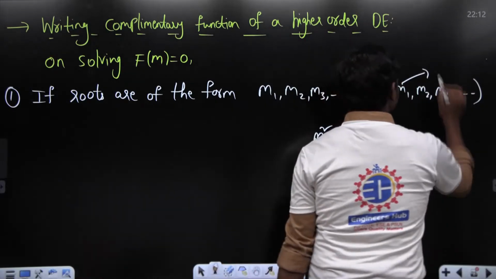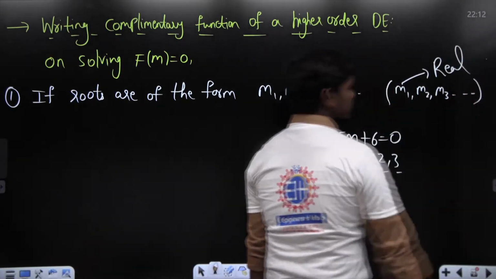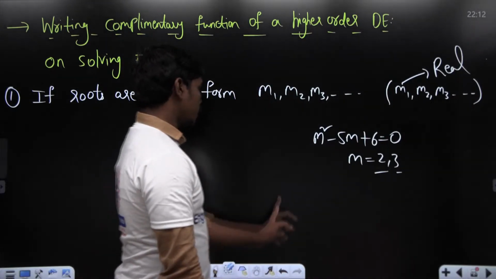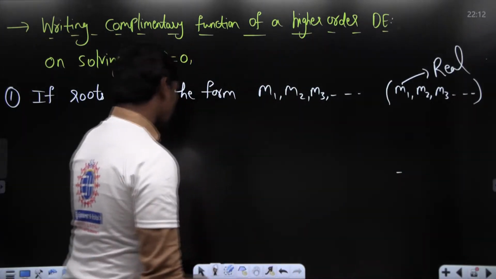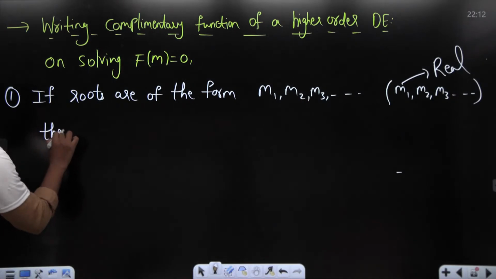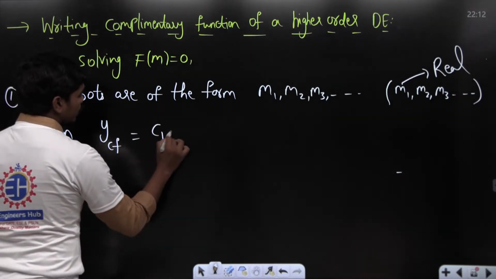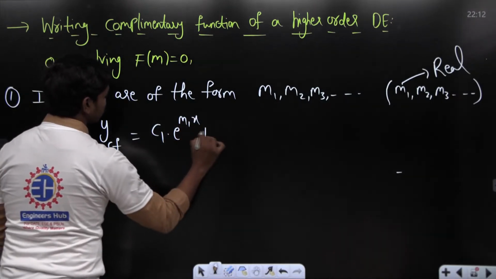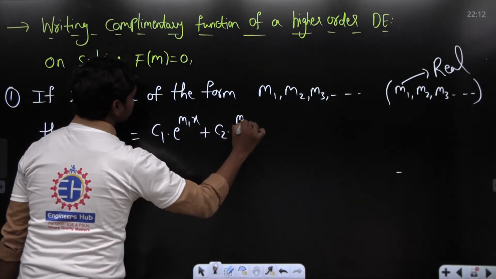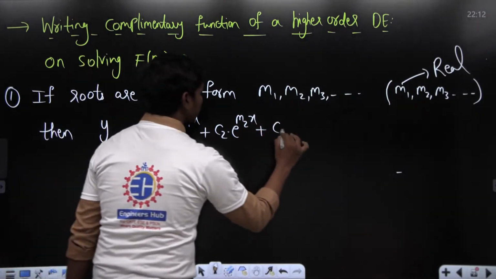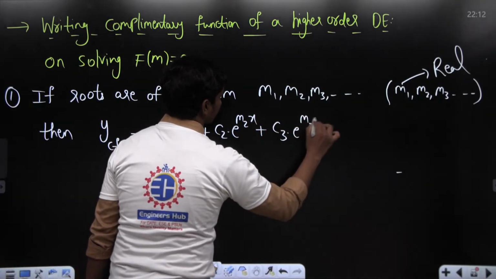Okay, if these are real numbers, then the complementary function is y_CF is equal to C1 e power m1x plus C2 e power m2x plus C3 e power m3x and so on.